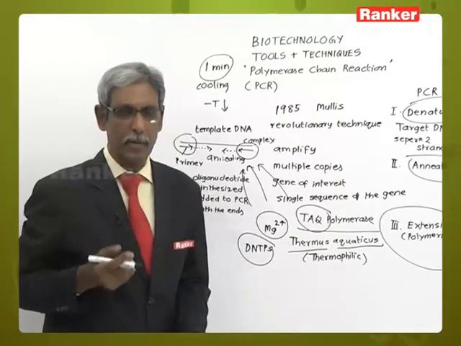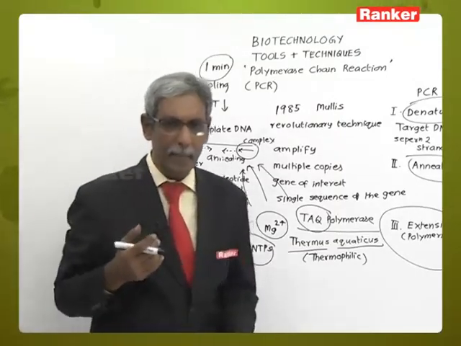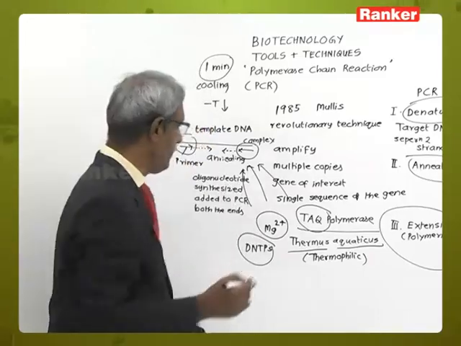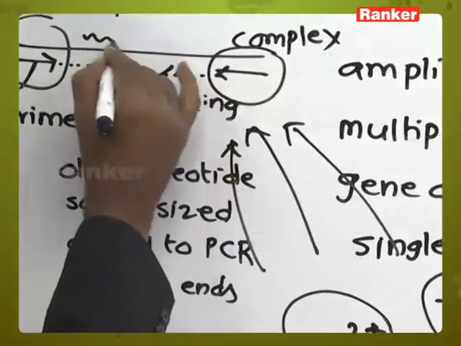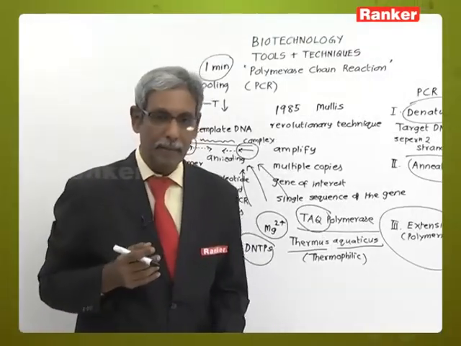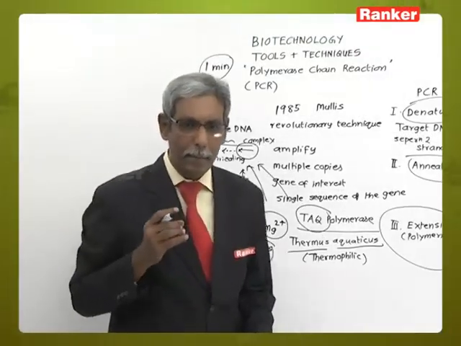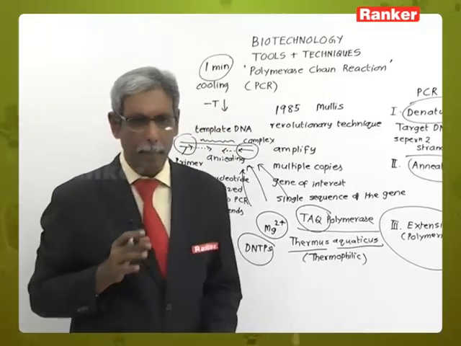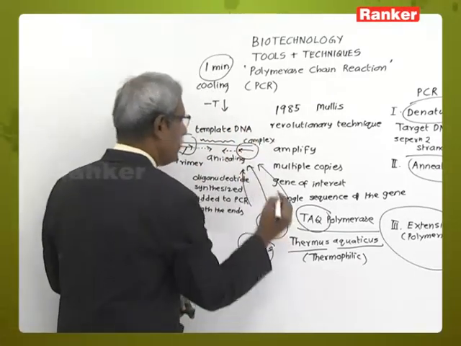So, the primers extend towards each other and the DNA segment which lies between the two primers is copied, and it occurs at a very optimum temperature of 72 degrees.